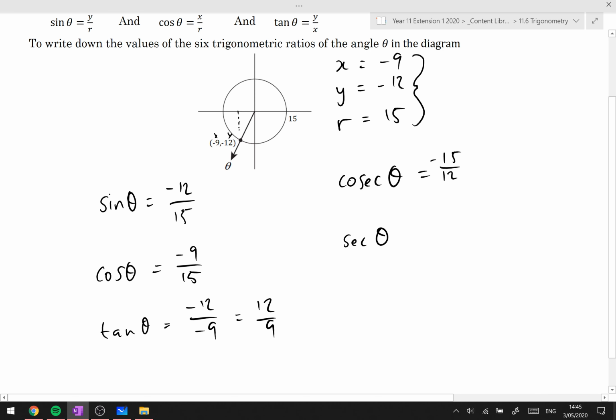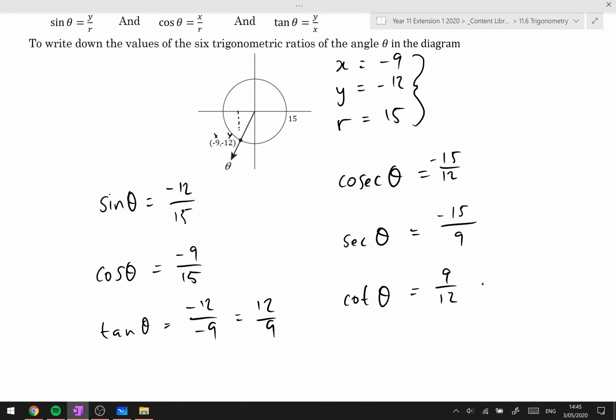Sec theta is equal to -15 over 9, okay. And cot theta, well, if tan theta is equal to 12 over 9, cot theta must be 9 over 12 because it's just the reciprocal. Okay, that's pretty much it for this one.